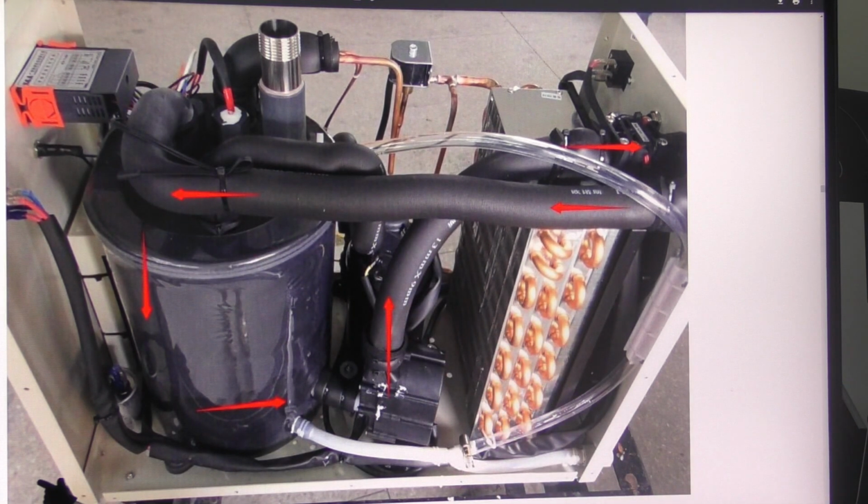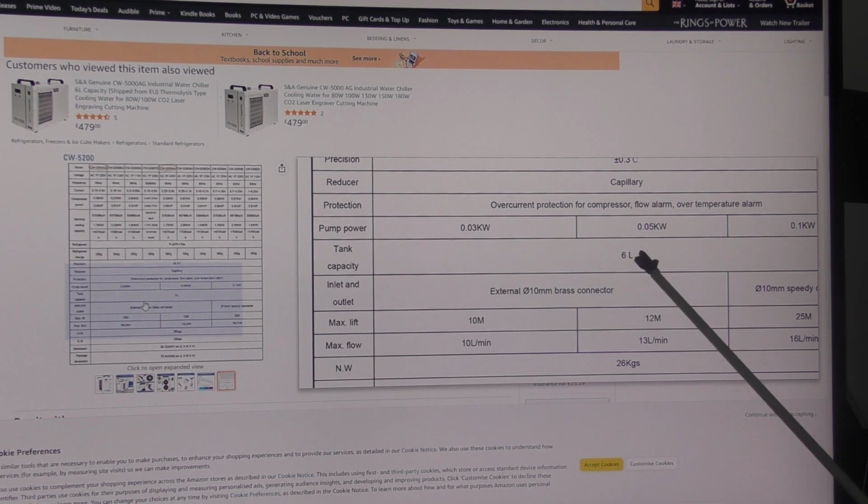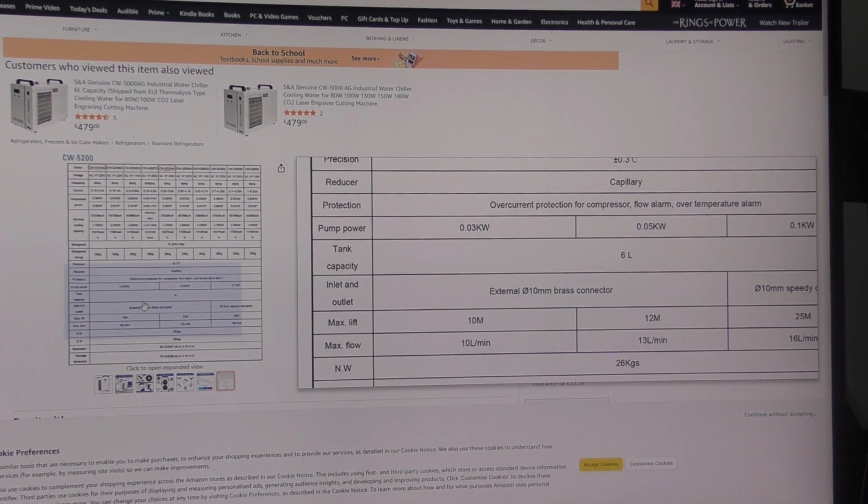Now, you all know roughly the size of a CW5000, and I'll ask you the question: how many litres do you think that tank holds? Could I get 5 litres into that tank? In fact, I'm sure that somewhere it must tell me the capacity of that tank. Aha! We've found it. 6 litres is the size of that tank.